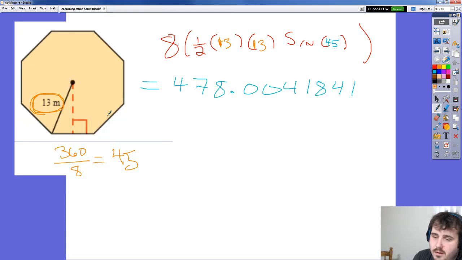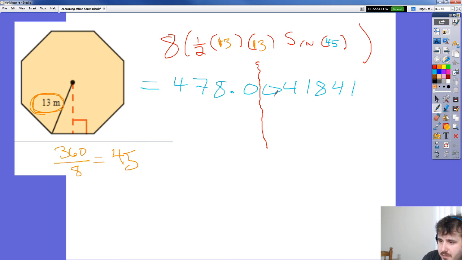Okay, so then we have to look, right? If it's the nearest tenth, we look at the first decimal place, put a line after it, and then ask what the next one is. Well, that's a 0.